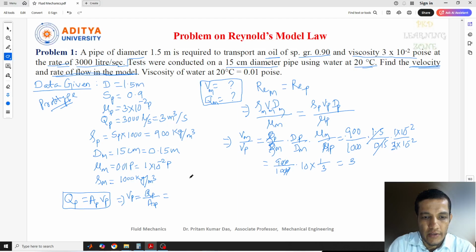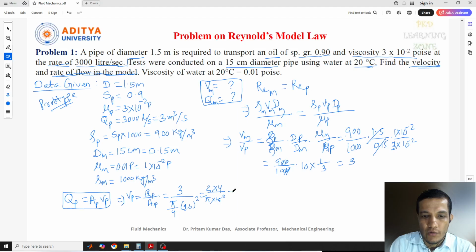This value is given, 3. The value is given 3, and area of the prototype is pi by 4 into d square. D is given, that is 1.5 meters, 1.5 square. So now you can write 3 into 4 divided by pi into 1.5 square, that is 2.25.